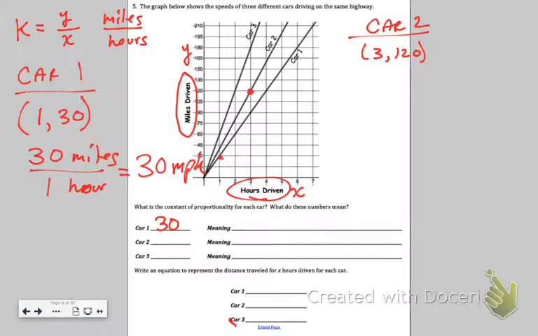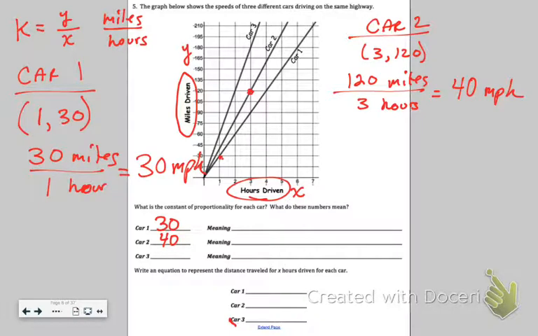That means for every 3 hours, I go 120 miles, or 120 miles over 3 hours, which, if I divide, equals 40 miles per hour. So for car 2, my constant of proportionality is 40.